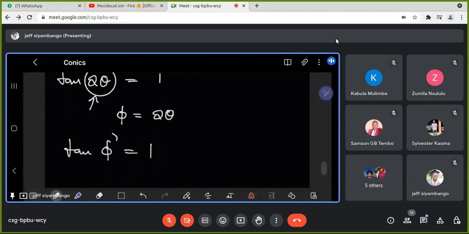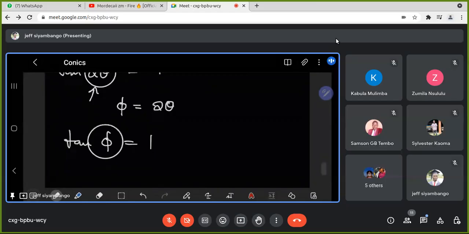Now the question is, what must be phi if tan phi has to be 1? Moving from 0 to 360, or even from 0 to 180, tan will give you 1 at 45. Even from 0 to 360, to get positive 1, it can only be at 45. Tan 45 has to be 1.